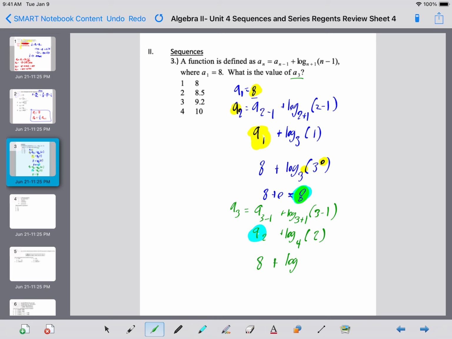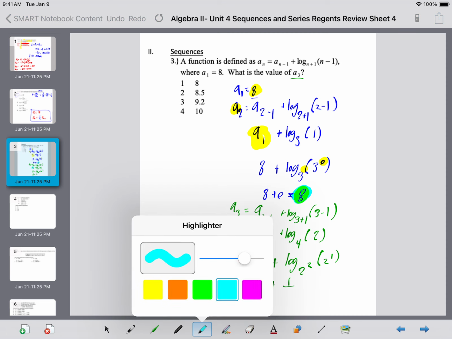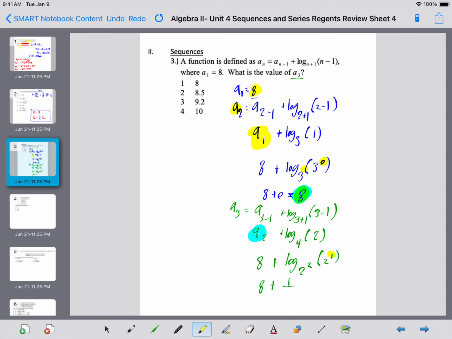Put this in common base form if you're doing it not with the calculator. That would be the same as saying 8 plus 1/2. Since when you evaluate a log, it's the exponent of your argument over the exponent of your base. Again, you don't have to do this by hand. You could do this in your calculator. Answer is number 2.